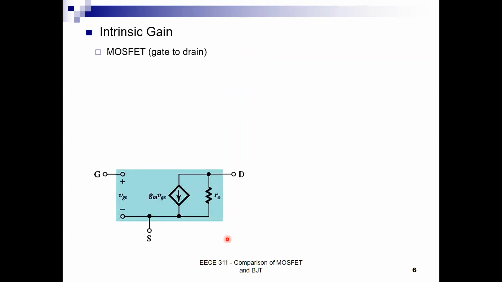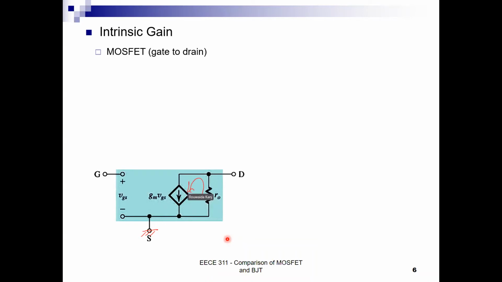Okay, so if we look at the pi model, and let us assume that the gate is grounded, and really VGS is my input. So what is the drain voltage here? What is the voltage VDS? It is GM VGS times R0, or rather minus, because the current is flowing the opposite way.